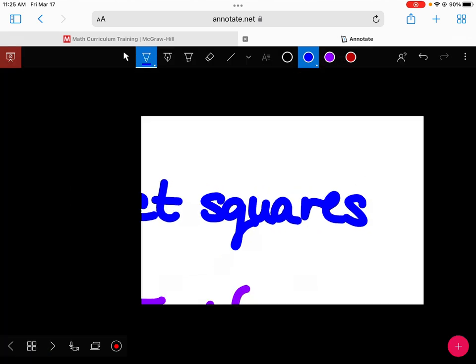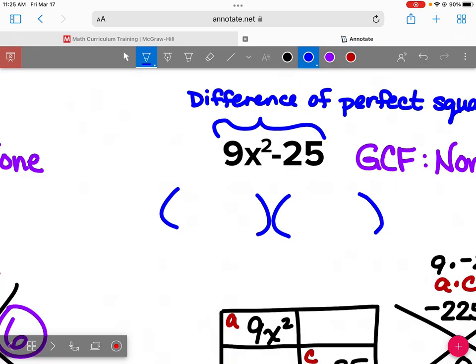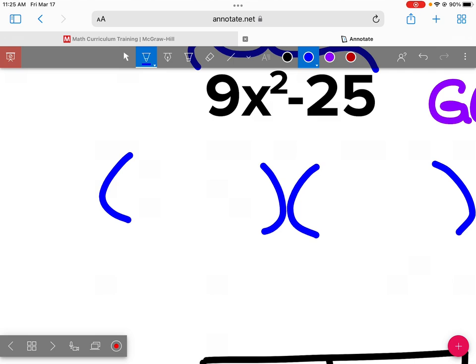All right, so if I use the shortcut method that I taught you guys for a difference of perfect squares, how many sets of parentheses, how many factors are we going to have? 2. How do you know that from looking at it? Has an x squared. The biggest exponent is a 2. That tells me I've got 2 factors. We are multiplying these factors together.